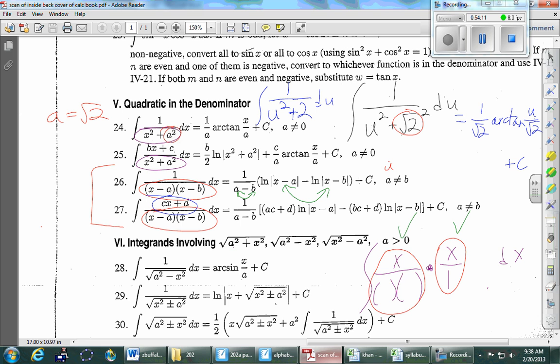Yes, so that plus 2 needs to be some number squared in order for us to use this formula. So we have to figure out what number squared is going to give us the 2. It would have been easier if this had just been a 9. 9 is how much squared? It's 3. So if it had been a 9 down here, your a would be 3. So you just take the square root of whatever's there.